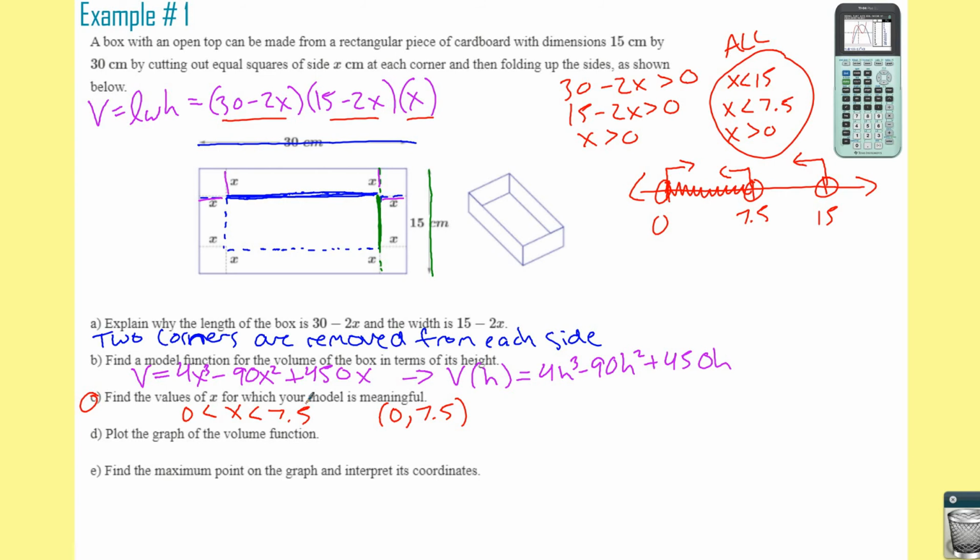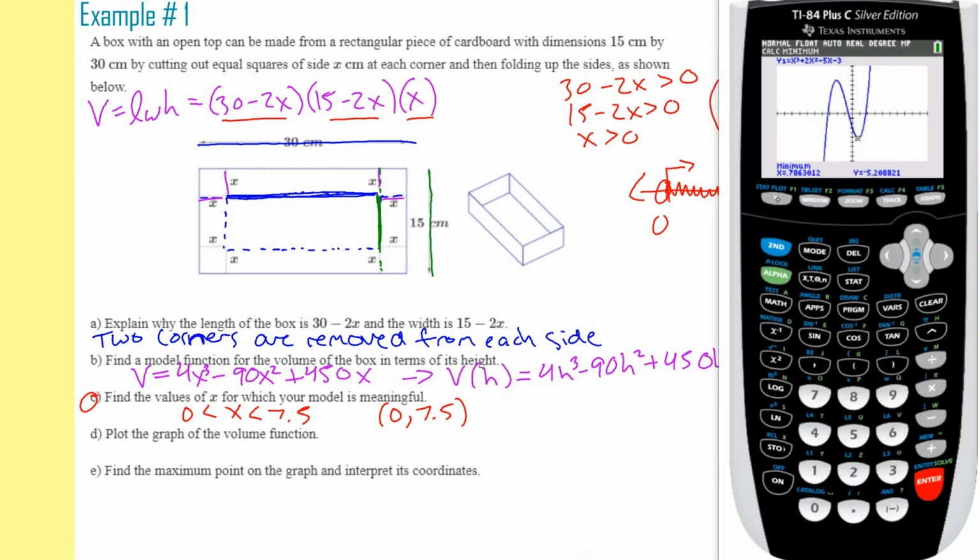So then we're going to plot the graph of the volume function. We get out our calculator, and we want to enter 4x cubed, minus 90x squared, plus 450x, and no minus 3.